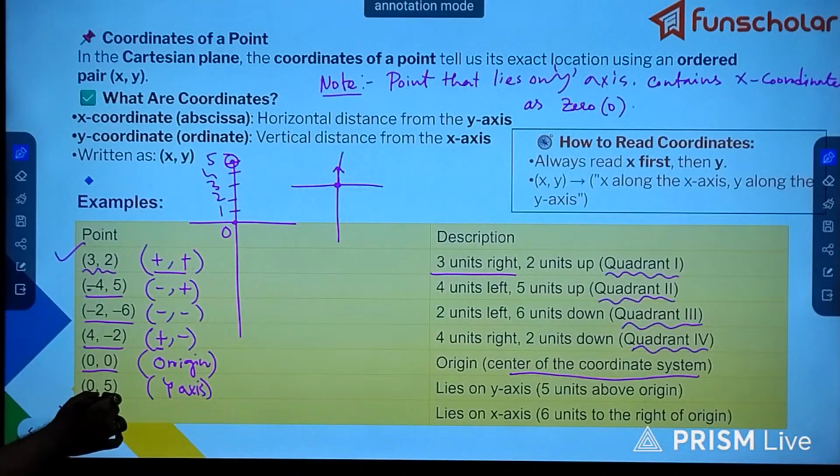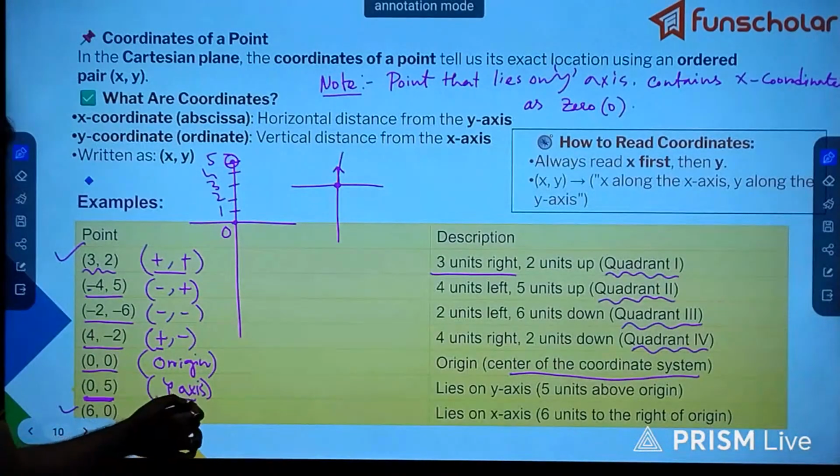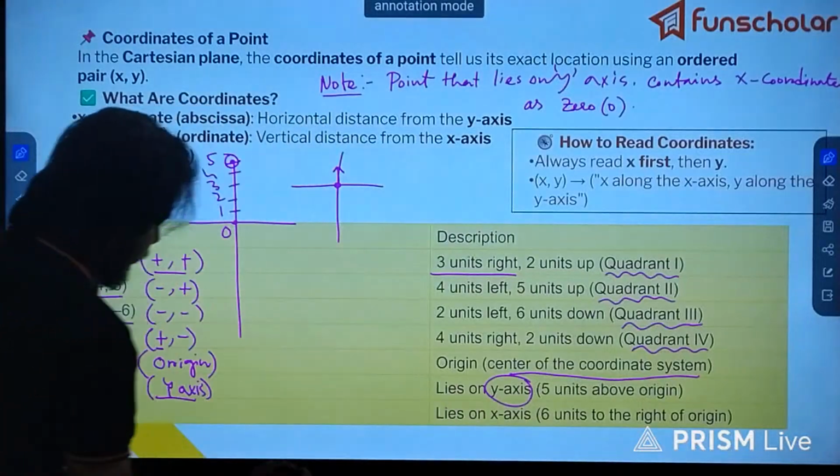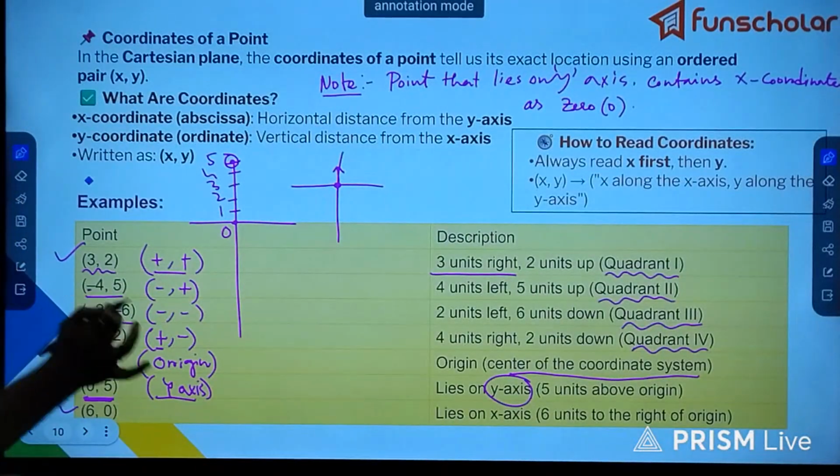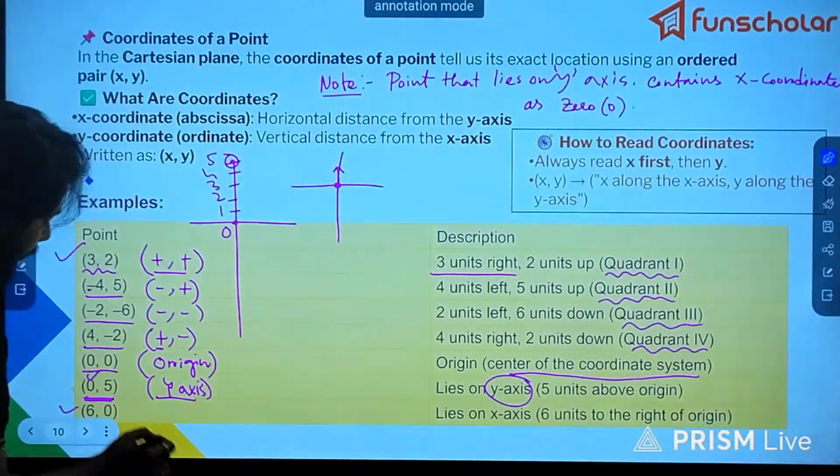As you can clearly see, if this particular point lies on the y-axis, then its abscissa or x coordinate will be 0.